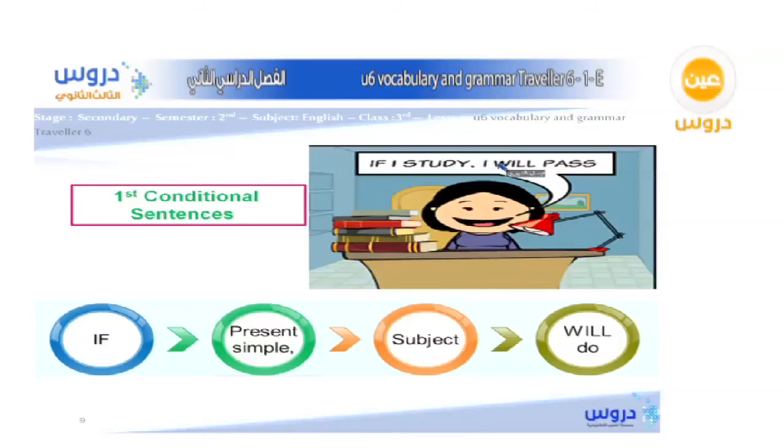So if I study, I will pass. And if we just circle it, it might be easy for you to figure out what we are going to talk about. For example, if plus the present and a subject plus will do.